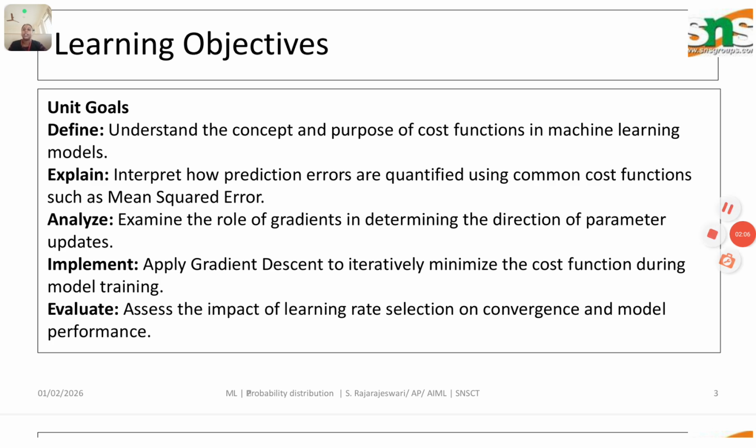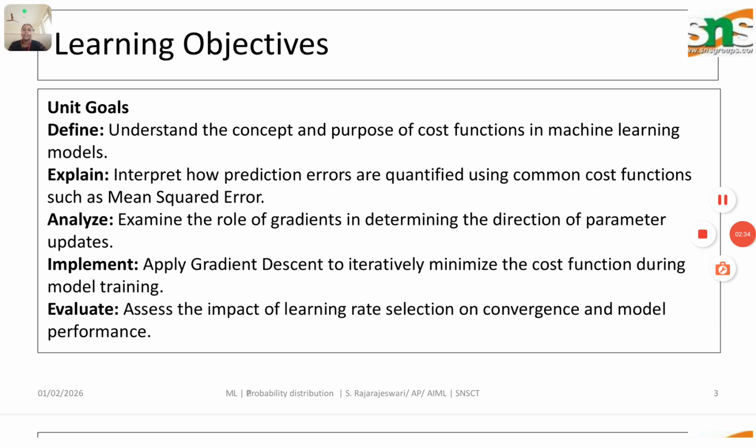It is used to analyze the role of gradients in determining the direction of parameter updates, and to apply gradient descent to iteratively minimize the cost function during model training.